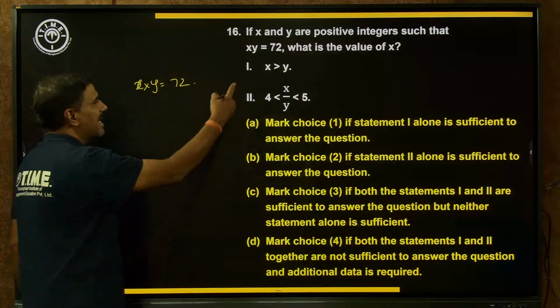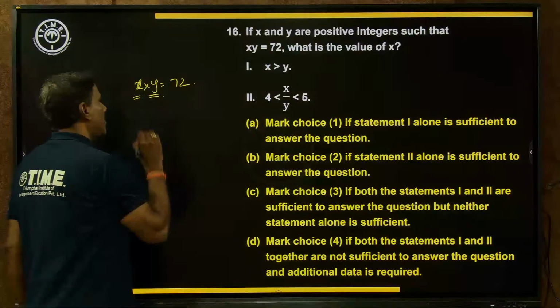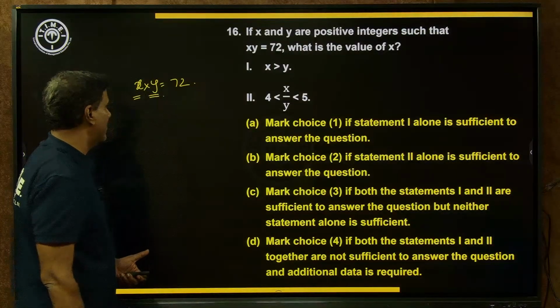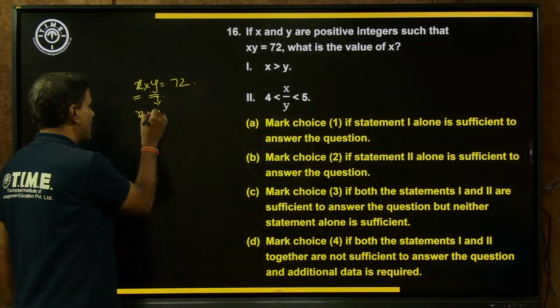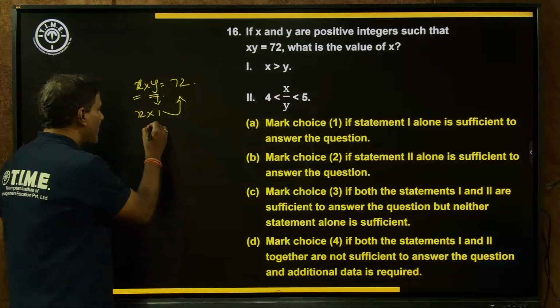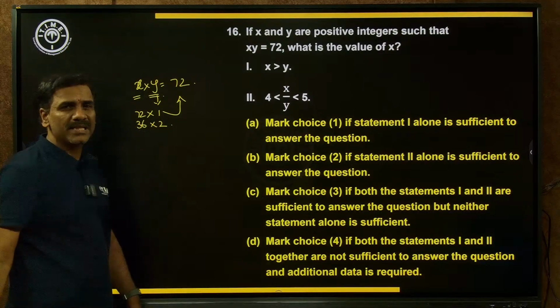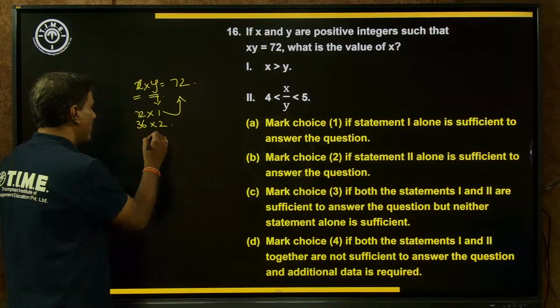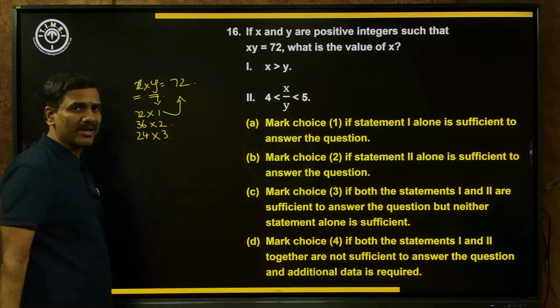First statement says x is greater than y. Okay, first we look at the possibilities for the product of those two numbers as 72. If we consider y as 1, x is 72, 72 into 1 is 72. That is one possibility. If we increase y to 2, x becomes 36, 36 into 2 is 72. If y is taken as 3, x should be 24 because 24 into 3 is 72.